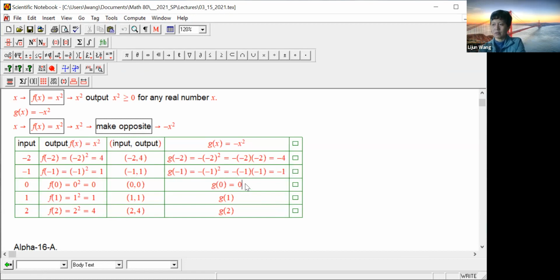And the 0 is just straightforward. Okay, -0 squared equals 0. And over here is the -1 squared. We don't need parentheses here. It's going to be -1. And this is going to be -2 squared. It's -4. Note the difference.